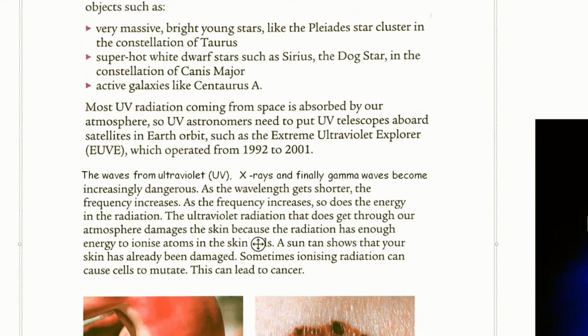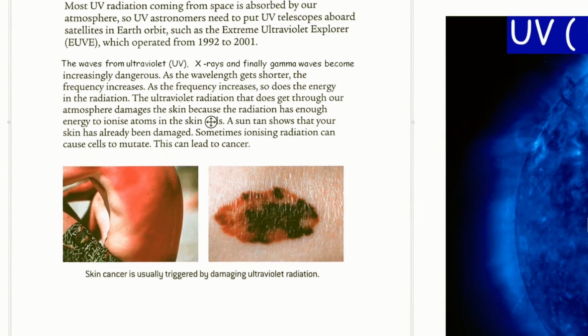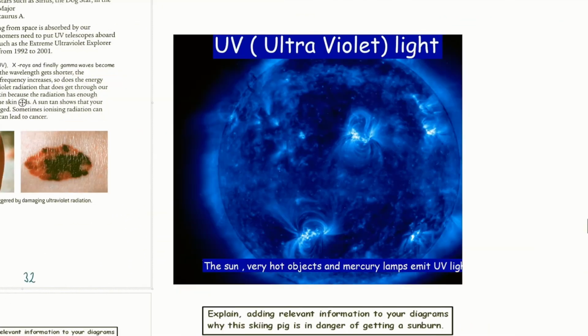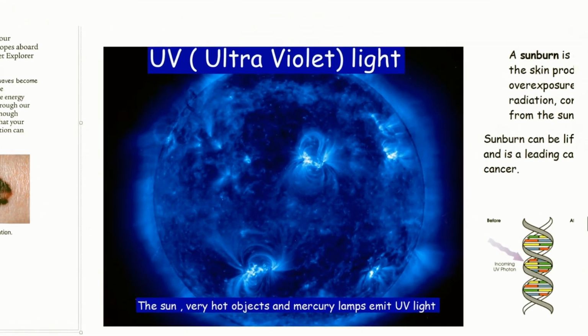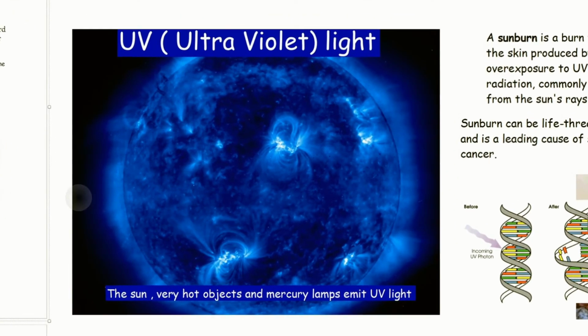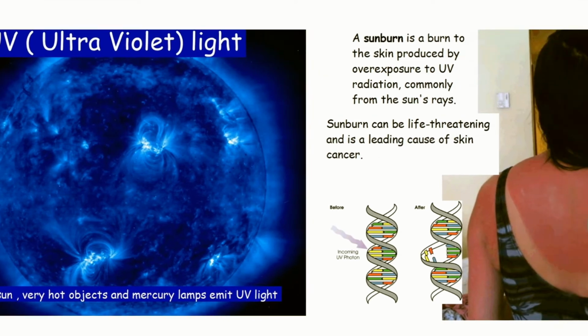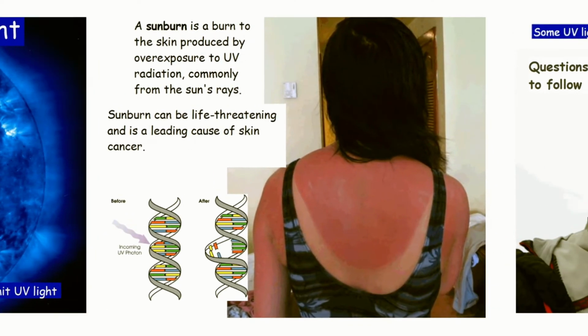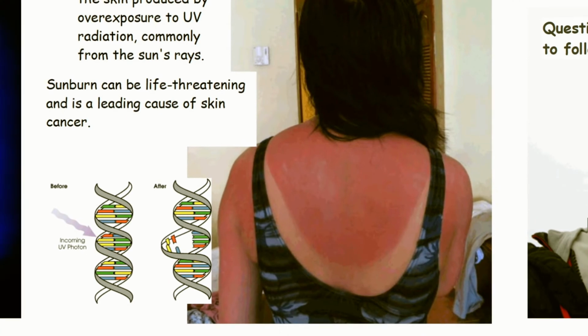If you look at this, I've got some additional information as to what you've got in your booklet here. So ultraviolet, again, as explained in the video, can be used to check for fraudulent banknotes, money. It comes from the sun, and sunburn can be an outcome of overexposure and can cause skin cancer.